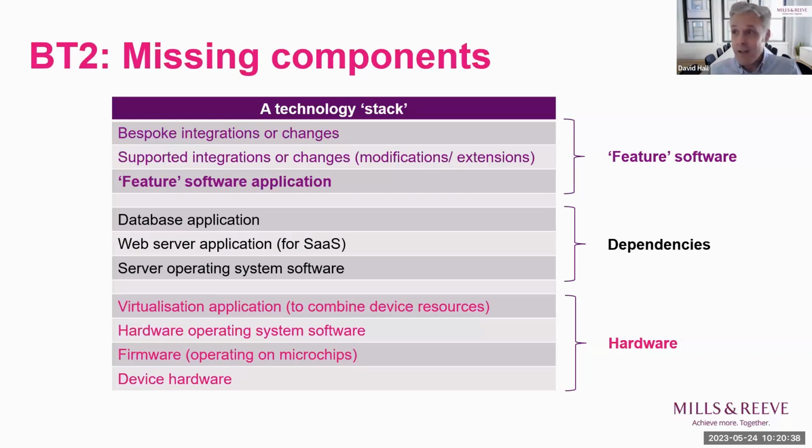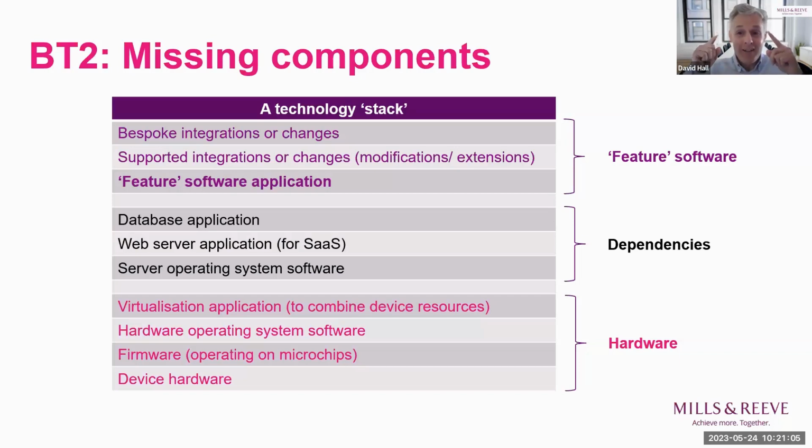But we're also thinking about integrations and changes that your software or SaaS provider is able to support as standard out of the box. And in addition, integrations or changes to the standard software or SaaS that are maybe bespoke, that your software or SaaS provider has not provided before and need to be built or developed from scratch.